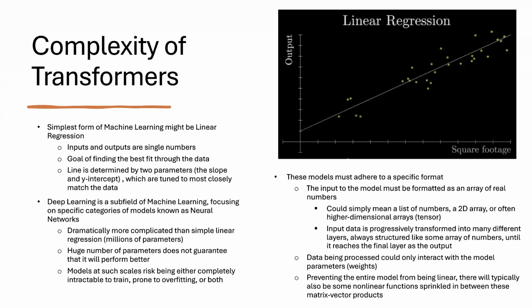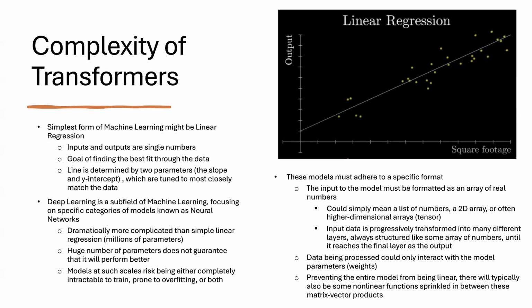Now, transformers are very complex in nature. To give an example of how complex they are, the simplest form of machine learning is what we consider linear regression, where inputs and outputs are single numbers with the goal of finding the best fit through the data.